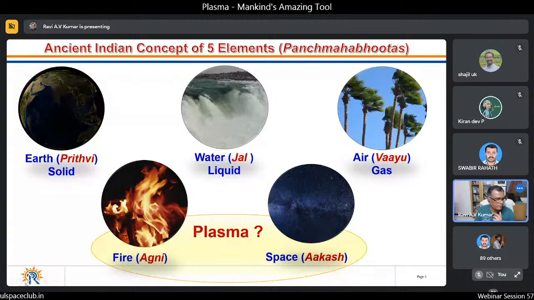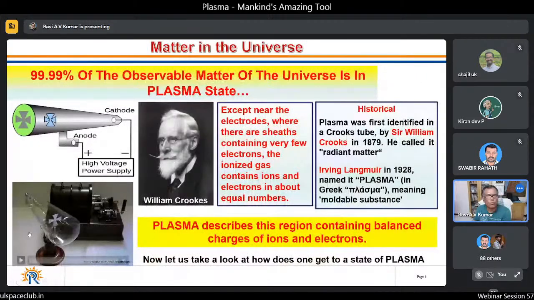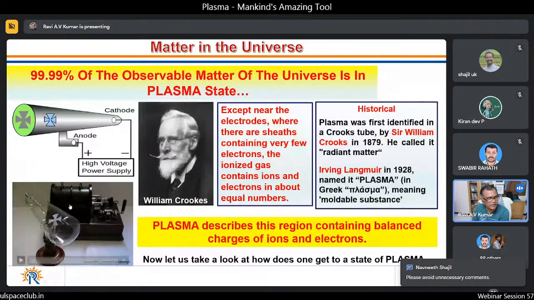So our ancestors did have a very good idea of the different states of matter. Now let us see what exactly plasma is. It was first demonstrated by Sir William Crookes, who took a vacuum chamber. Everybody must have seen this; it's called a Crookes tube. It's a vacuum tube with two electrodes and gas at low pressure.